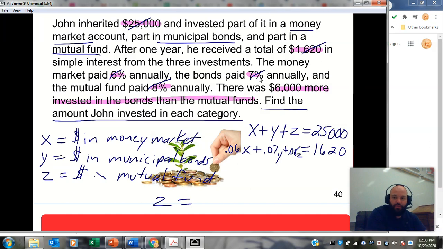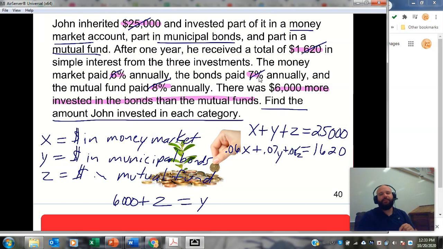So if I take the mutual fund amount, which is Z, and I add 6,000 to it, I will get the number that's in the bonds, and the bonds are Y.